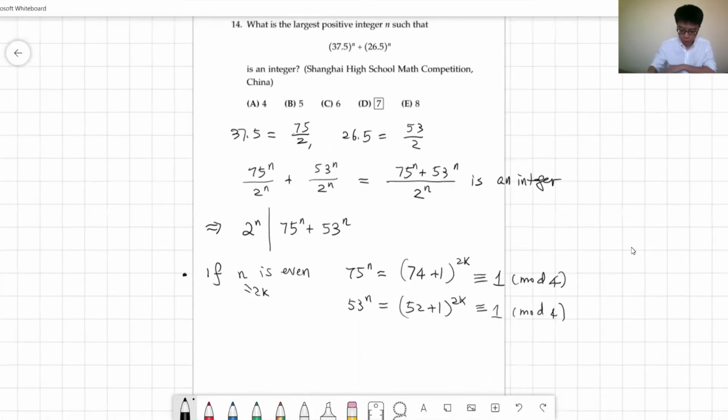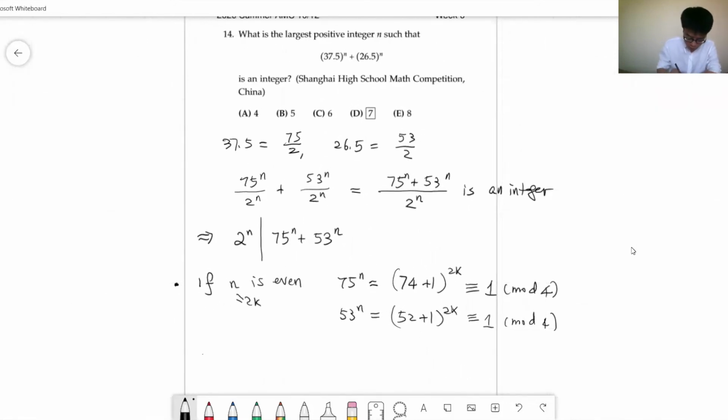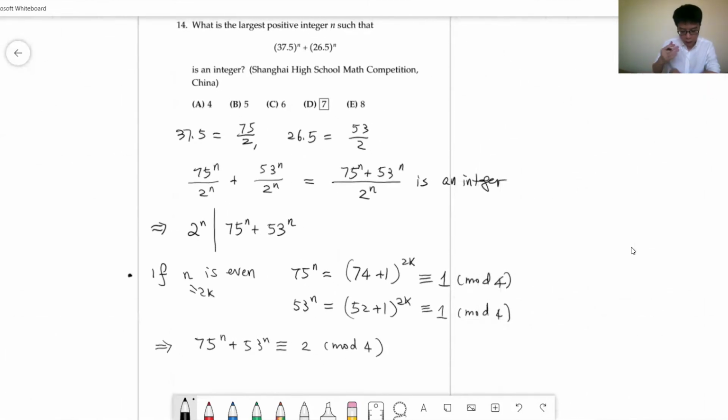Okay. So we see that the 75^n plus 53^n, the remainder is 2 when it's divided by 4. But on the other hand, if n is an even number, we have that 2^n is 2^(2k), which is 4 to the k's power.